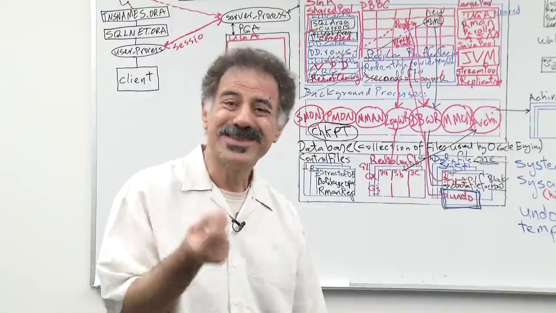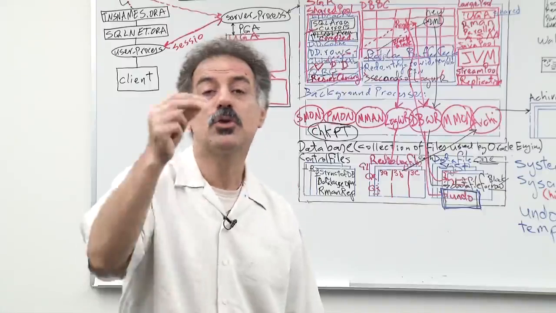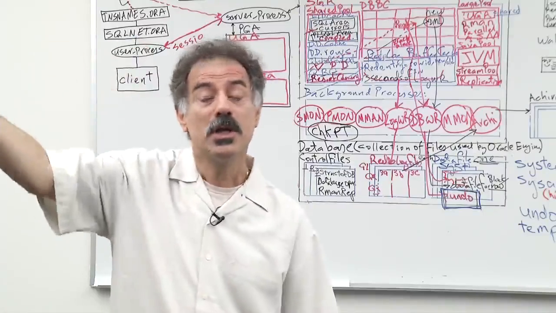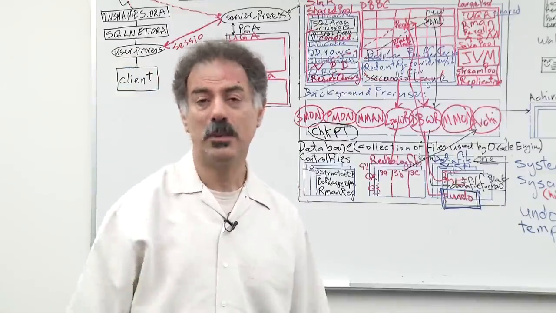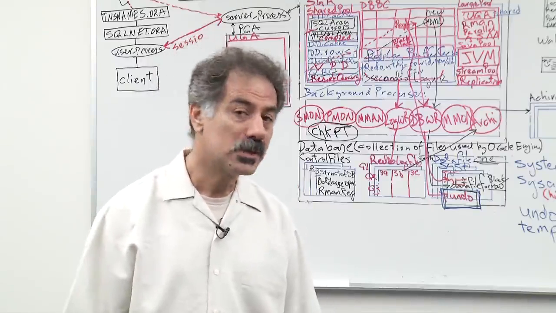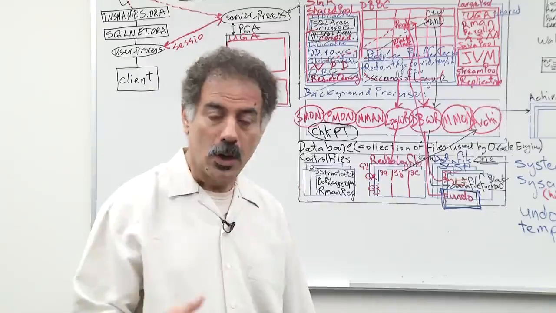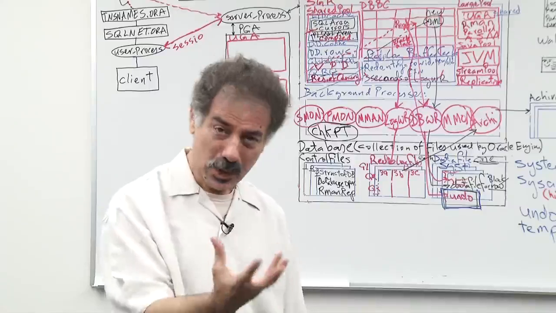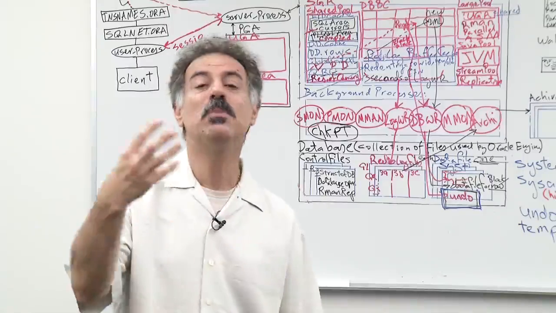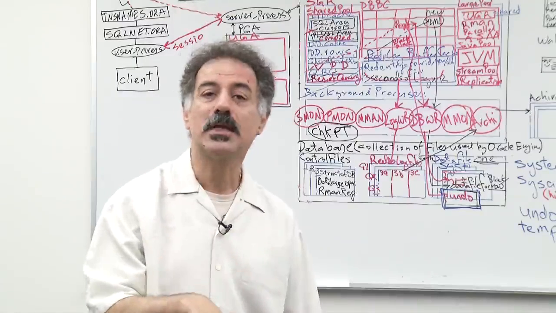I can build a pluggable database by hand using create pluggable database, and then specify all of the options that I need to create that pluggable database. Or I can use an existing pluggable database and clone it and build pluggable databases just like it.